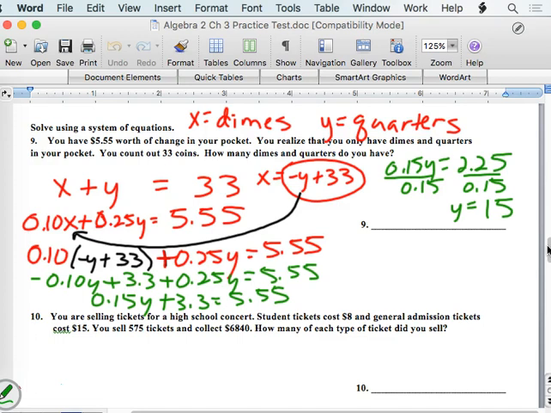Remember, I had X stand for dimes and Y for the quarters. So 15 quarters. Did they just ask us how many quarters there were? So we need the dimes too, don't we? Well, the good news is we know they have to add to 33. So if you just take 33 minus 15, you should find how many dimes you need. How many? 18.